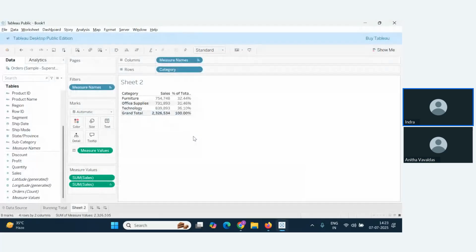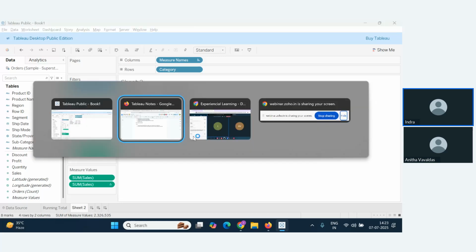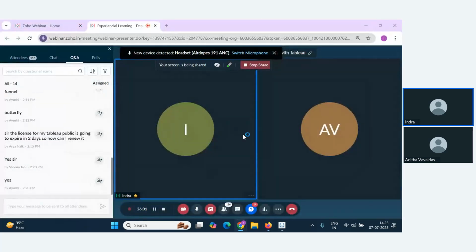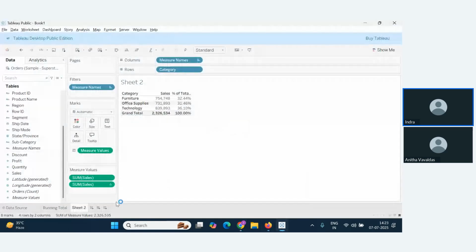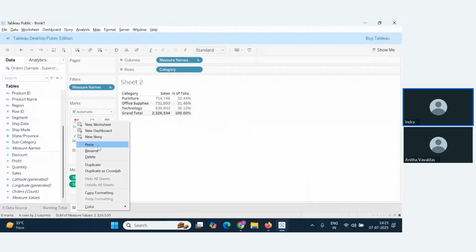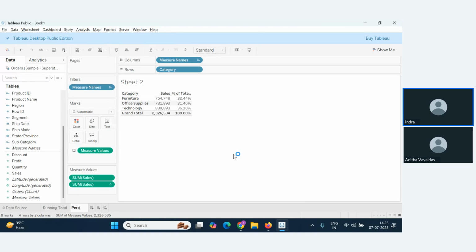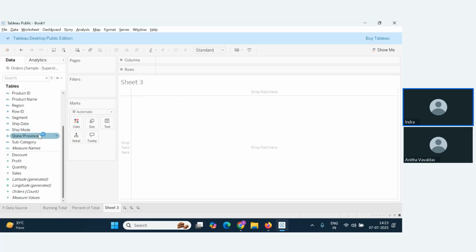This we have already seen in pie charts. Clear to you? Percentage of total. Rename this total.